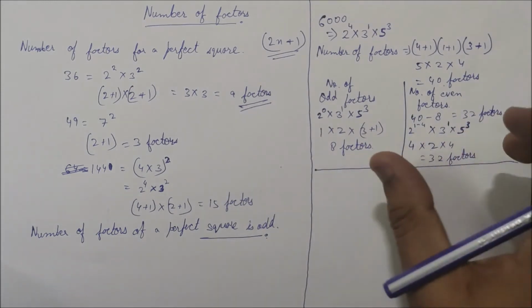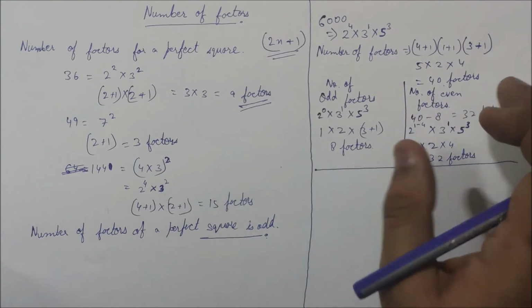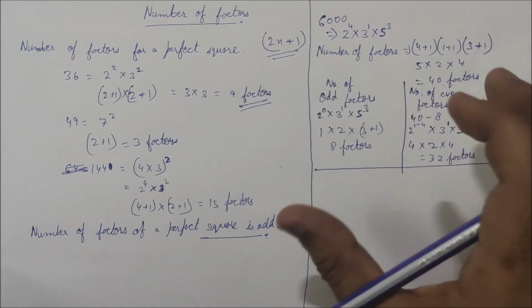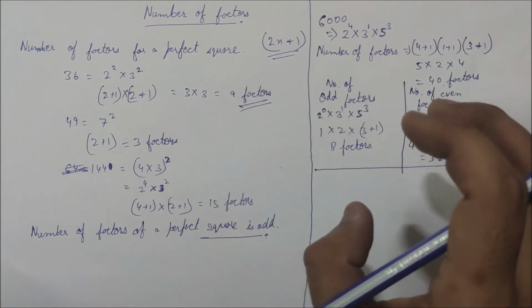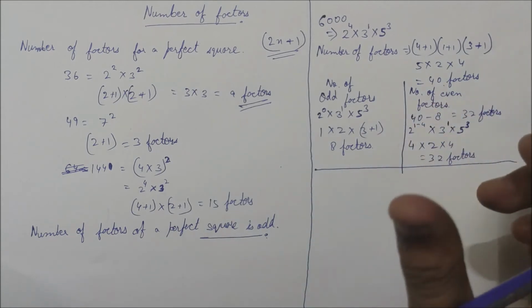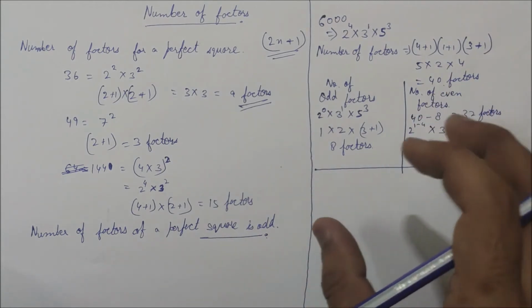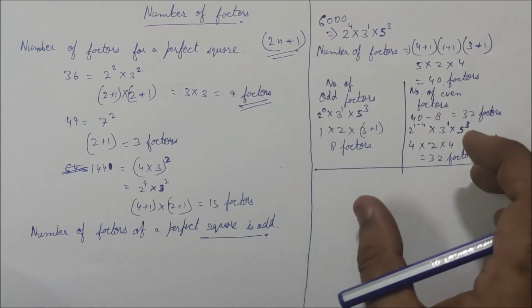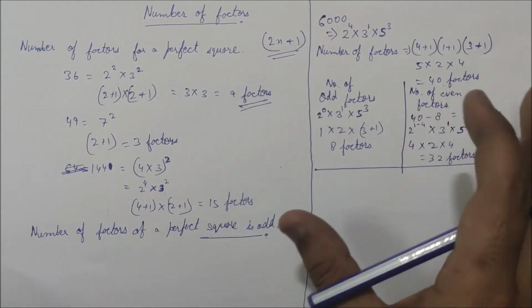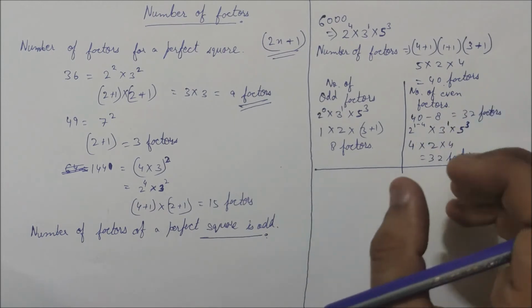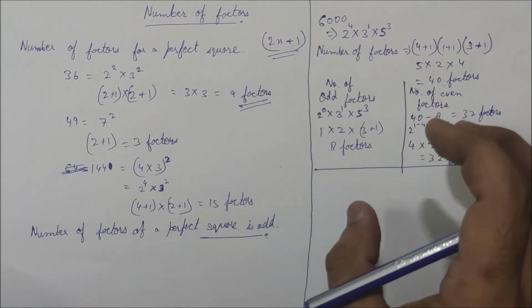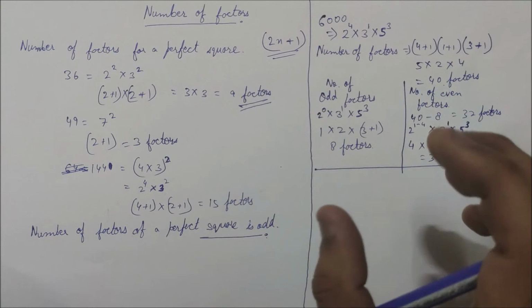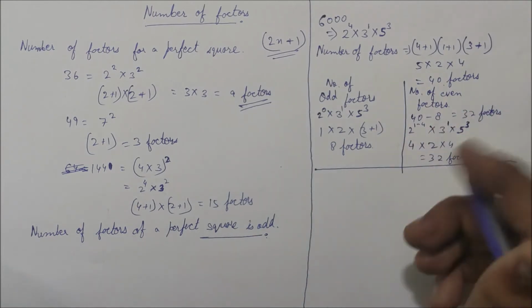Now that we have already done how to differentiate between odd and even factors, there are some more conditions that you might be given. Suppose the number of factors that are divisible by a certain number. So we'll take two such examples to help you understand how to calculate the number of factors when the condition is that they are divisible by a certain number.